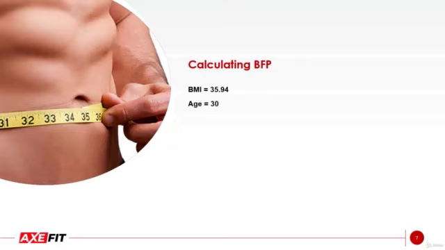Now to calculate the body fat percentage for men, the formula would look something like this. 1.2 into 35.94, where 35.94 represents the BMI, plus 0.23 multiplied by 30, where 30 represents the age, minus 16.2.